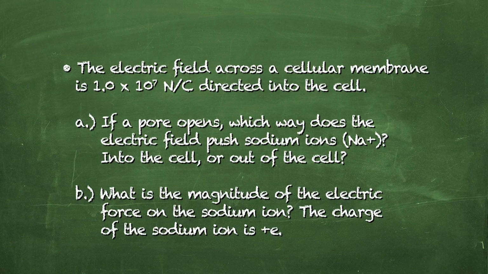Which would be Na+, a sodium atom that has lost one electron, so now it has a net positive charge of 1e. Into the cell or out of the cell? And the second part of the question is, what is the magnitude of the electric force on the sodium ion?